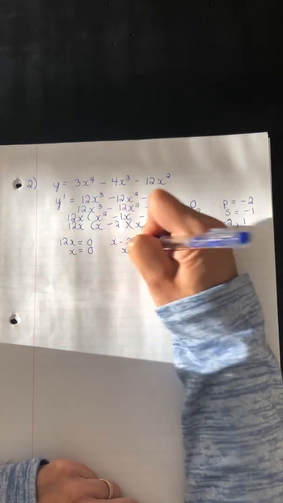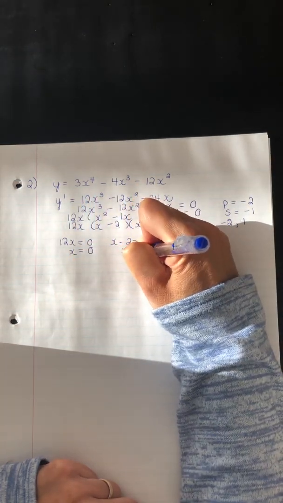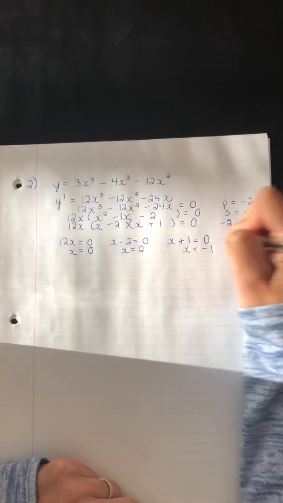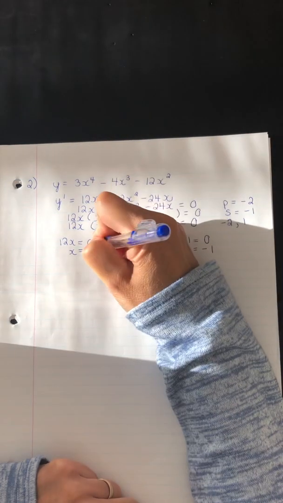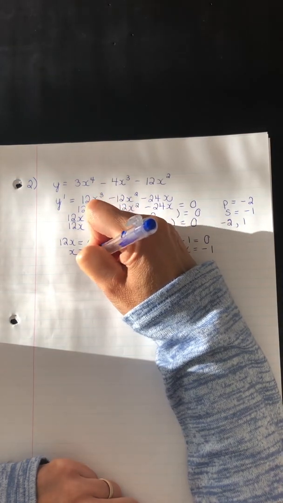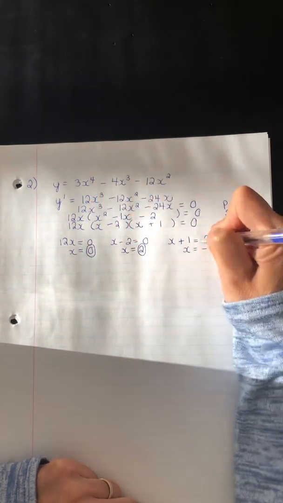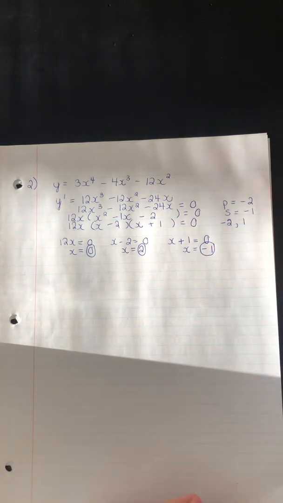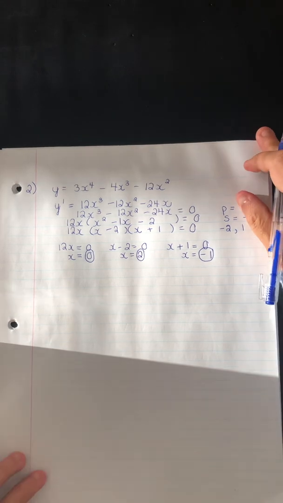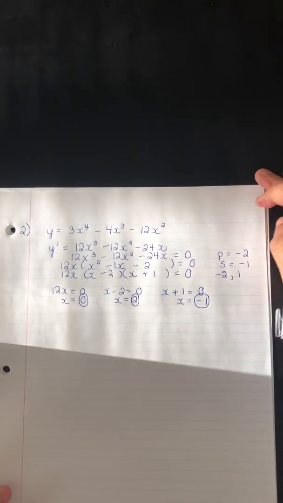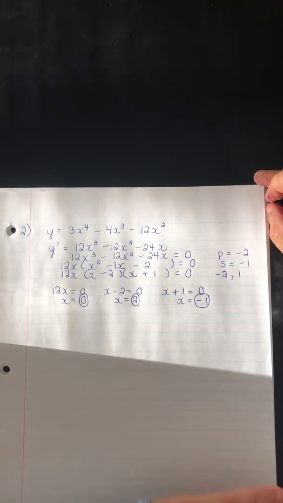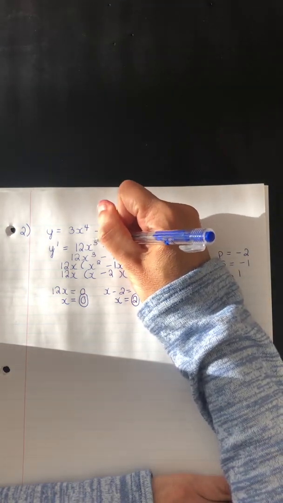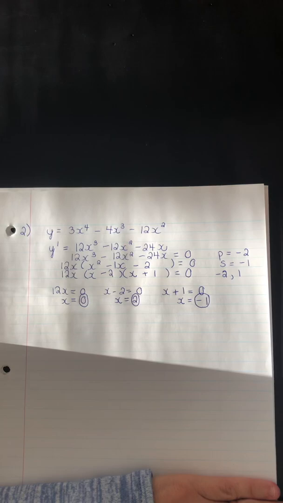Here, adding 2 to both sides, and here, subtracting 1 from both sides. So we end up with these 3 answers. X is 0, x is 2, and x is -1. So 3 extremes. And as I say, we did expect that because we had y prime of degree 3.